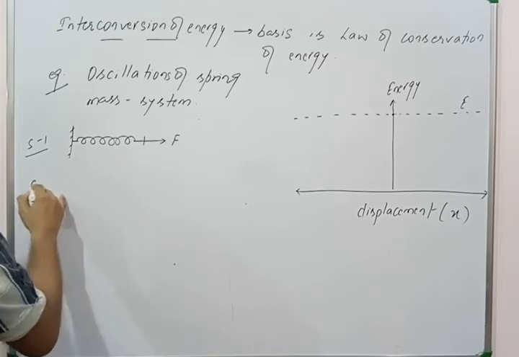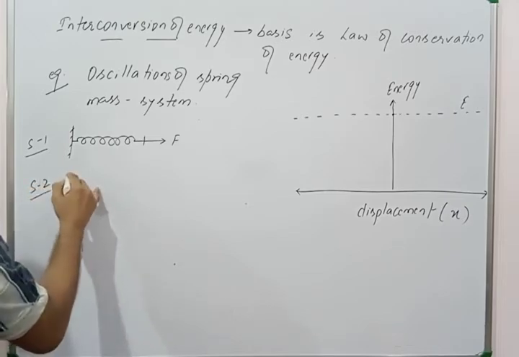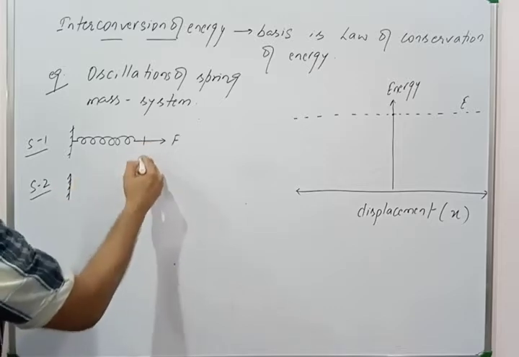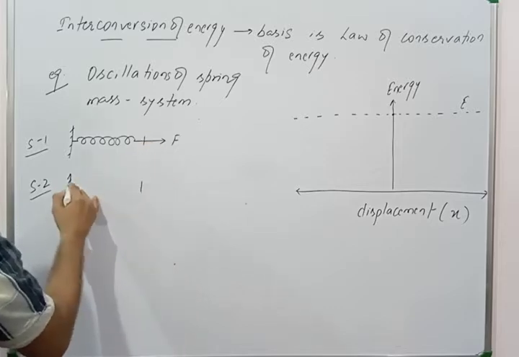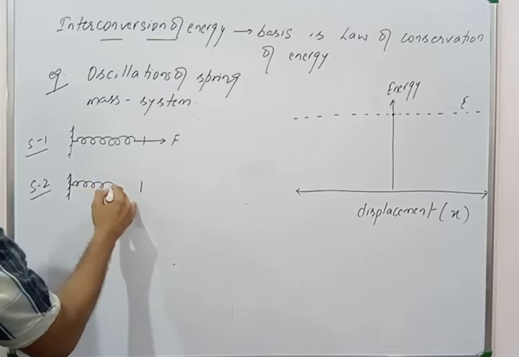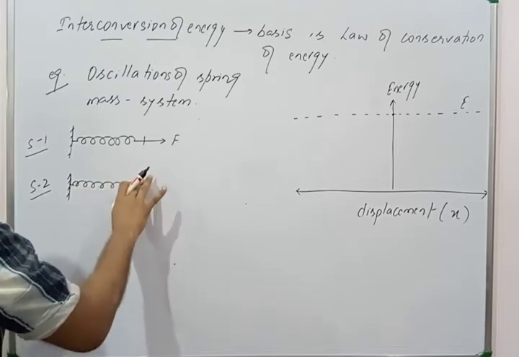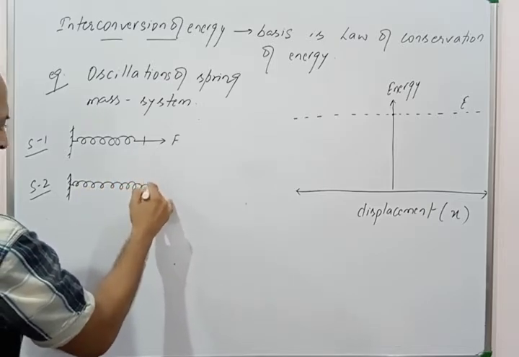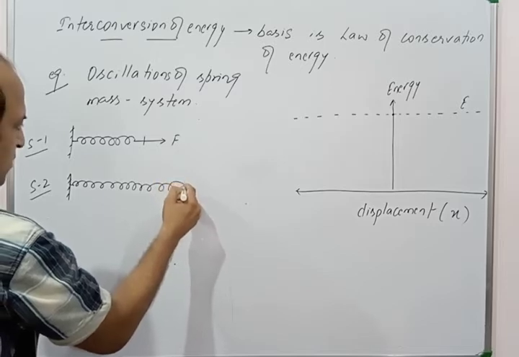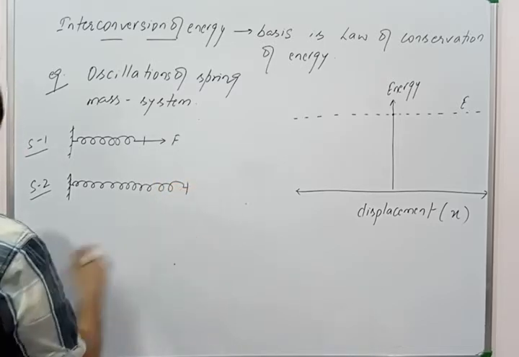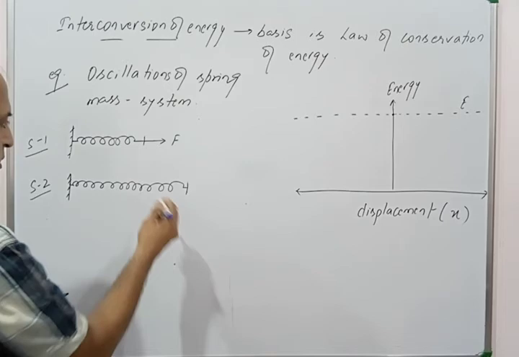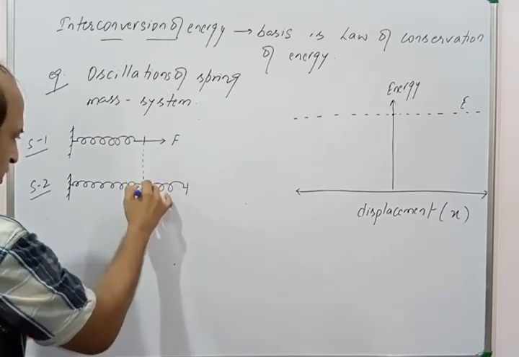So the spring comes to state 2, and the spring gets elongated a bit. तो यहाँ से एक स्ट्रेट लाइन ड्रॉ करते हैं.